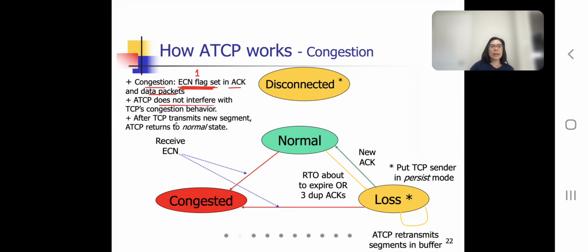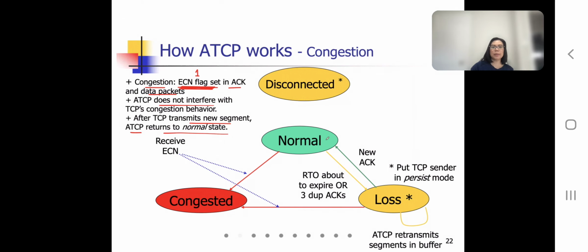After TCP retransmits the lost packets, reduces the window size to reduce congestion, and transmits a new segment, then both ATCP and TCP return to the normal state.